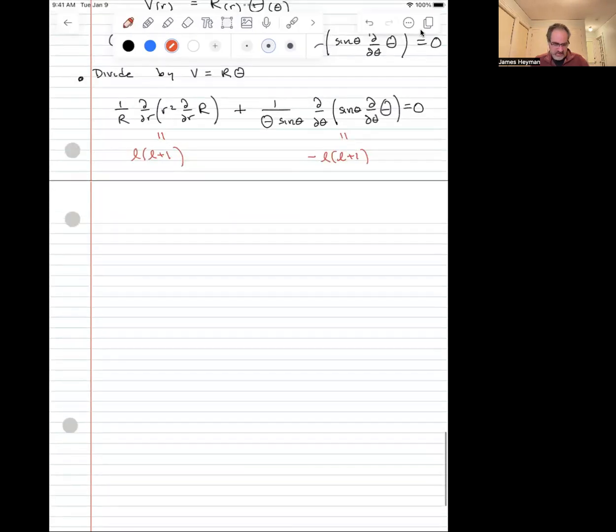Once we've done that, Laplace's equation divides into two ordinary differential equations.